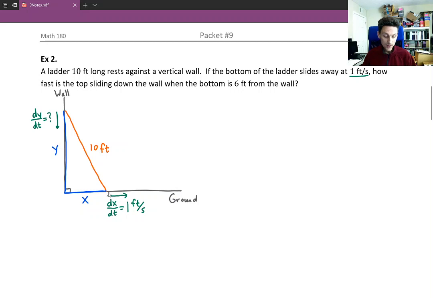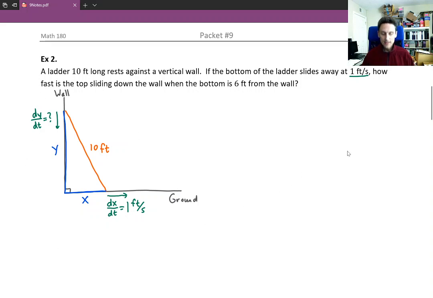As the bottom of the ladder is moving to the right, the top of the ladder is moving down, so that vertical distance, which is what y represents, should be decreasing in length. And so dy dt should be negative. Every second that passes, y should be subtracting by some value.